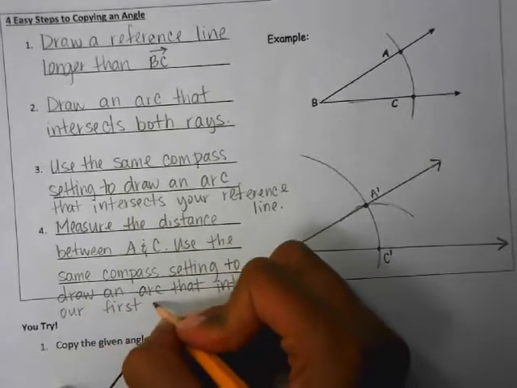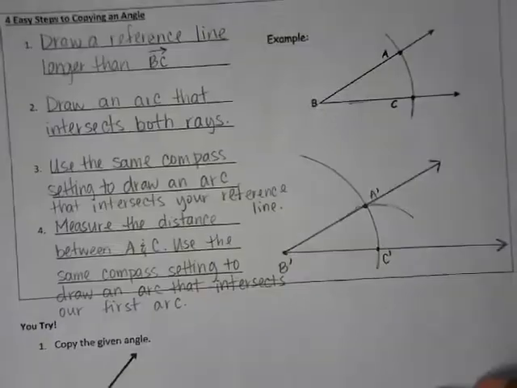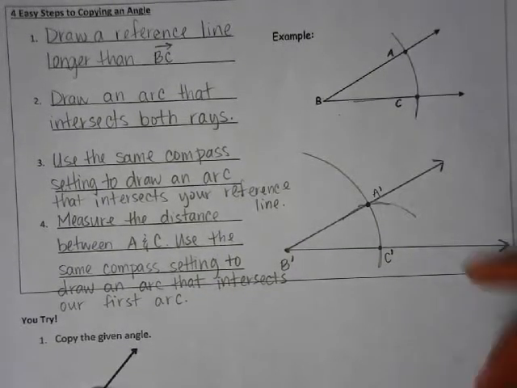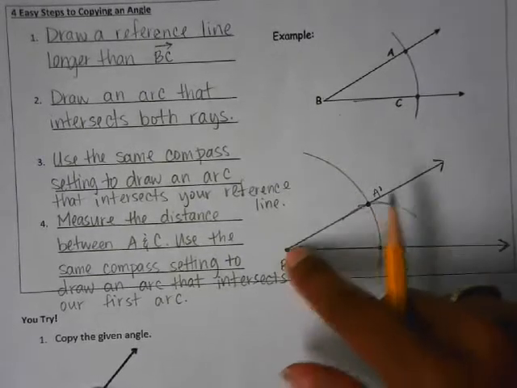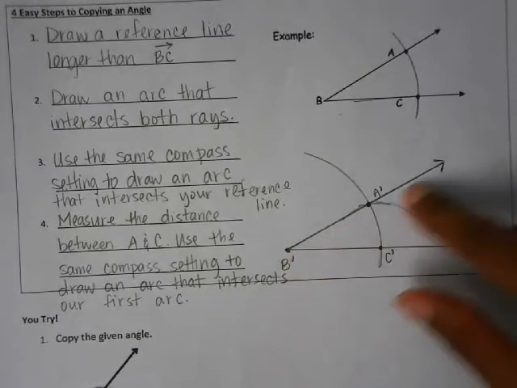Okay, once we do that second arc, we went ahead and we connected B through A prime. We drew our ray, and just like that, this angle is congruent to the original angle.